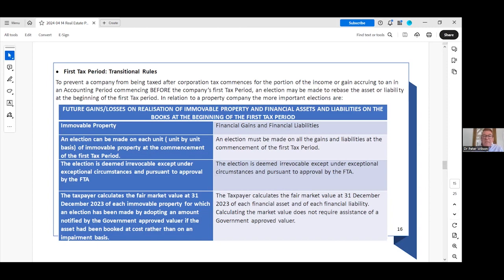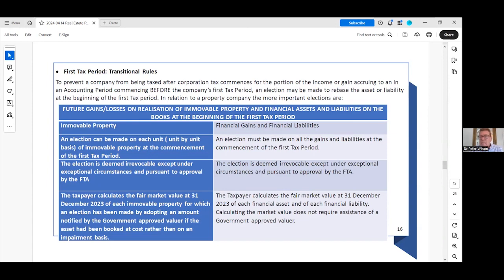And we know that somebody could be financing their property purchase with a foreign currency instrument. So if they've financed their property with a foreign currency instrument, and if you want to make an election to remove unrealized gain on the instrument as at January the 1st, 2024, you've got to make that election with respect to all your instruments.